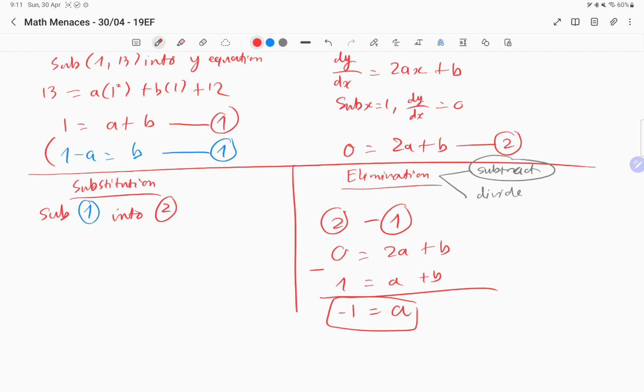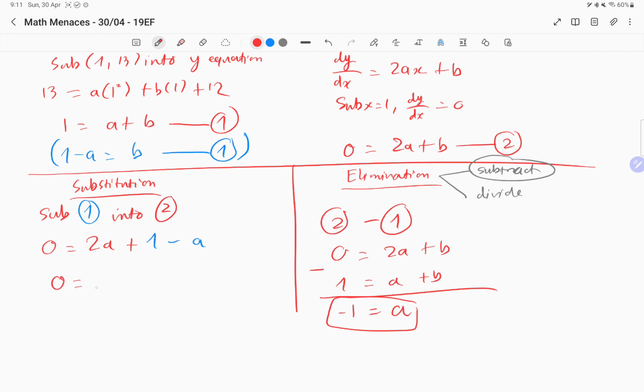Note that if you're doing substitution, you need to make one of them the subject, and then you substitute into the other equation. So you've got b equals 1 minus a. That means that when you sub into 2, you'd get 0 equals 2a plus, and instead of b, it will be 1 minus a.